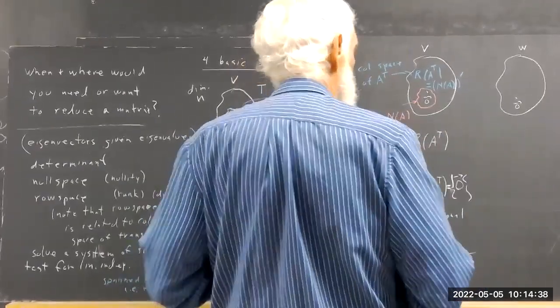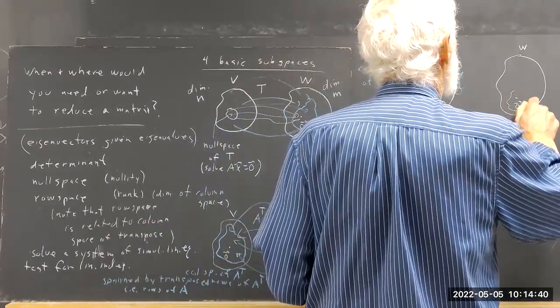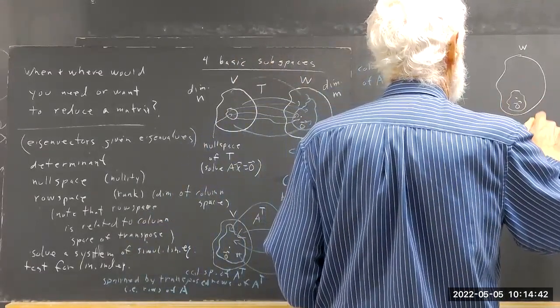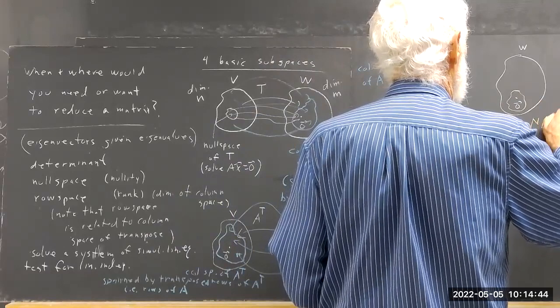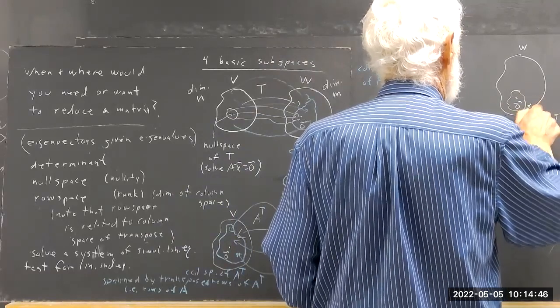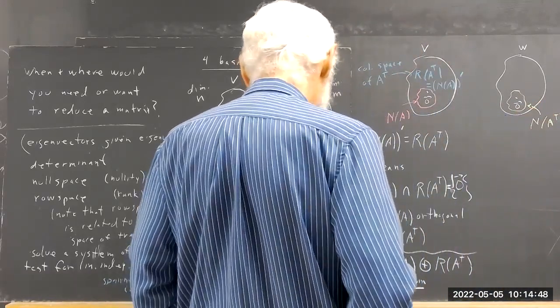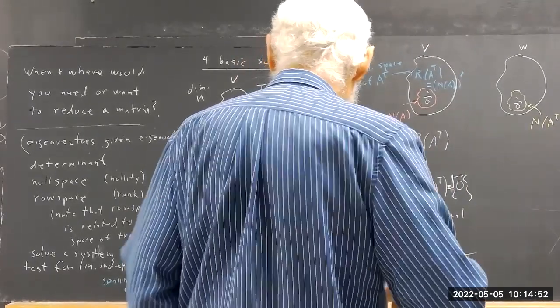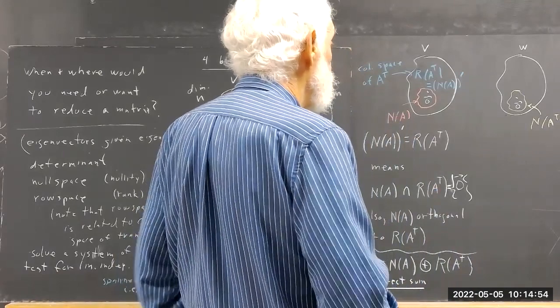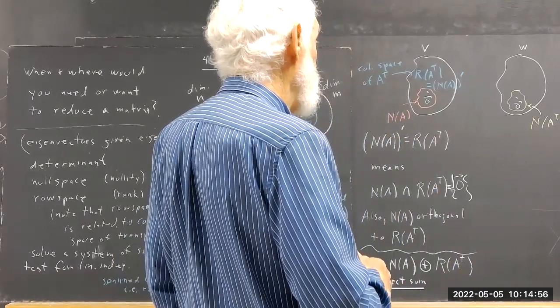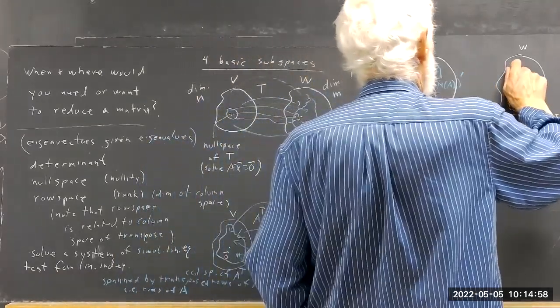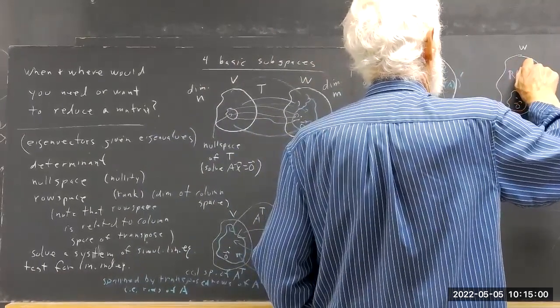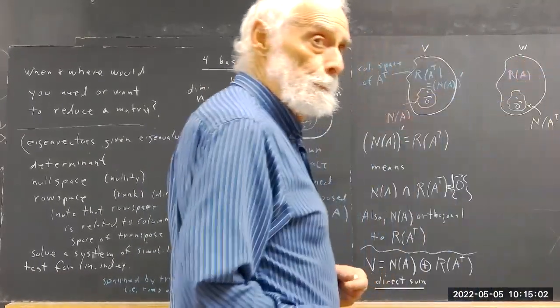I'm going to use blue. Okay. Again, you've got your null space of A transpose. And you have the column space of A, which is, okay.